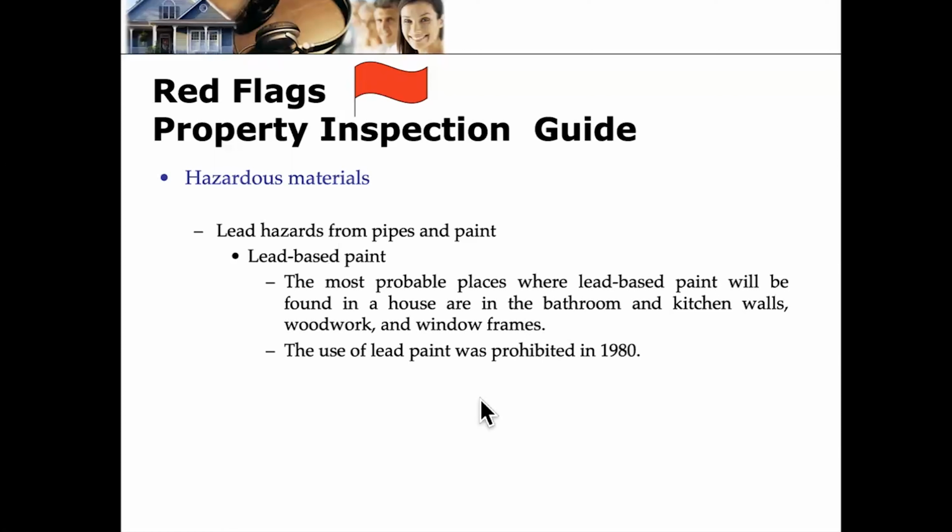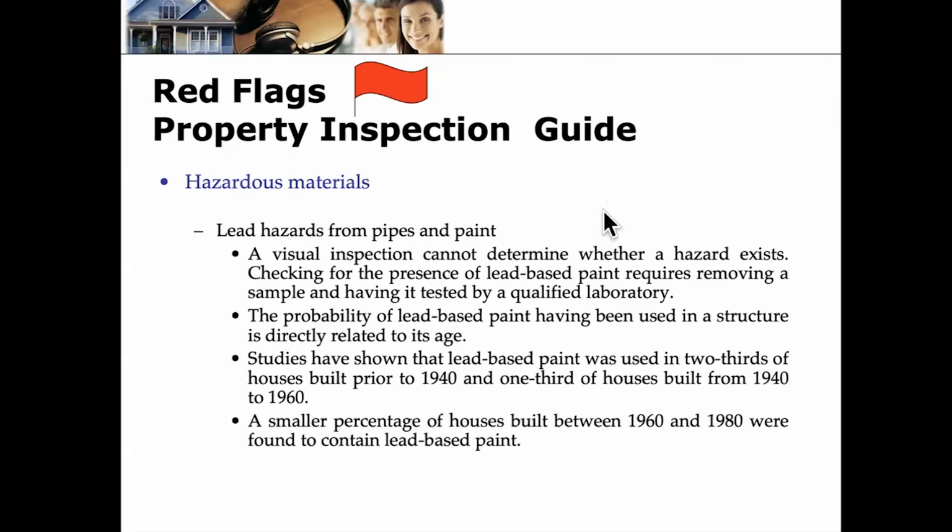If you're inspecting a house and the woodwork is in poor shape, look around. It may be time to recommend they have lead testing done on the house. A visual inspection cannot determine whether a lead paint hazard exists. Checking for the presence of lead-based paint requires removing samples and having them tested by a qualified laboratory.